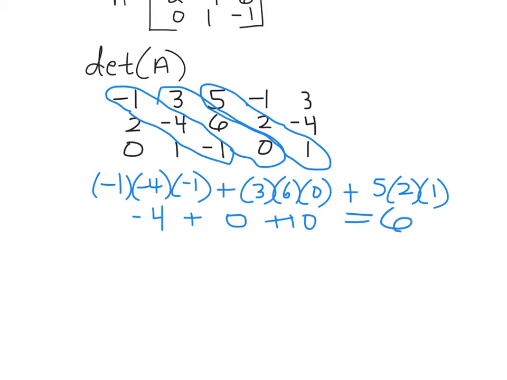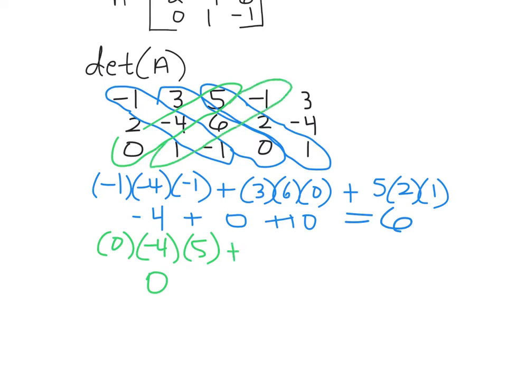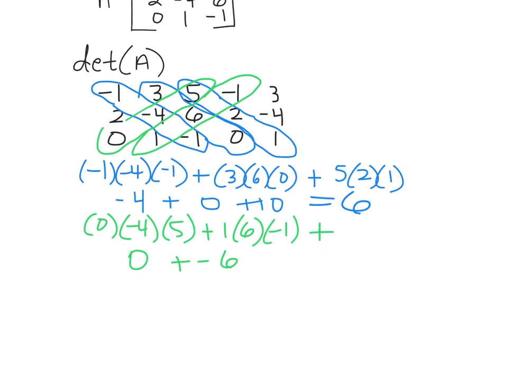Now I'm going to do all the diagonals the other way. So this one, 0 times -4 times 5, that gives me 0, plus this diagonal, 1 times 6 times -1, which is -6, okay, plus this diagonal, -1 times 2 times 3 is what, -6?